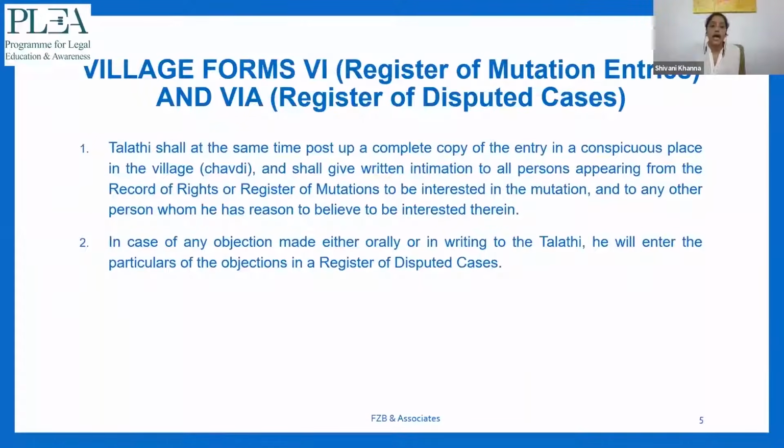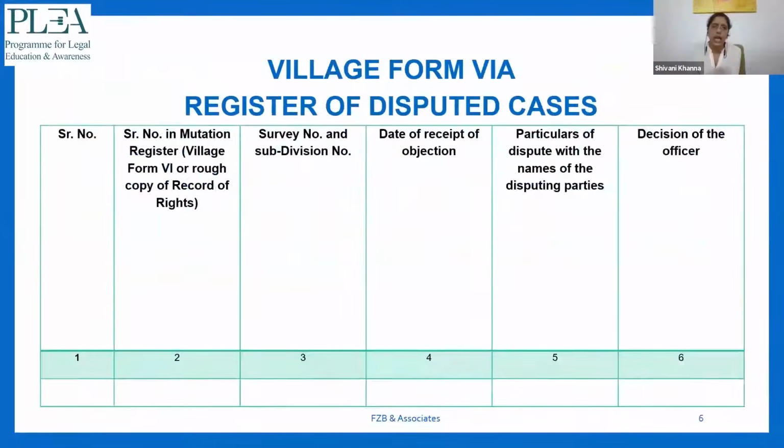Any person who has any objection raises his objections to the talati, and the talati is then required to note down those objections as per Form 6A, Register of Disputed Cases. So you will see on your screen, he mentions the serial number of the mutation, which is there in his Register of Mutation. He also gives full particulars of the land and what is the nature of the dispute that has been raised by the disputing party.